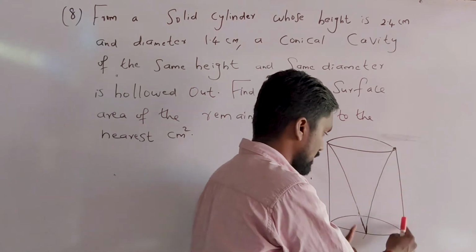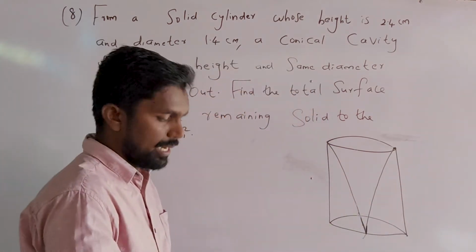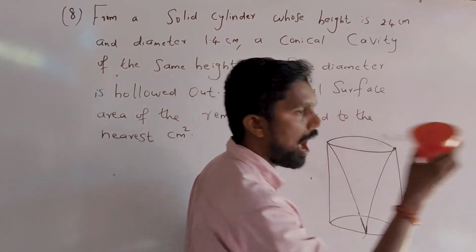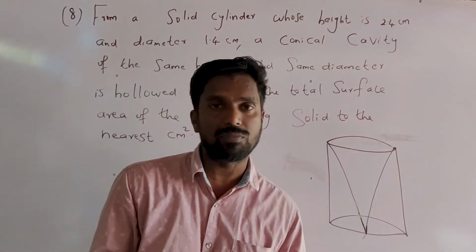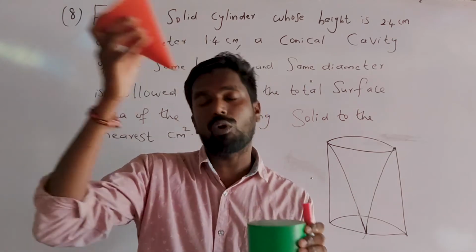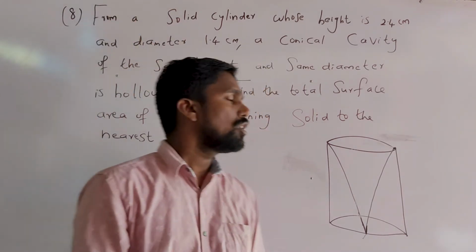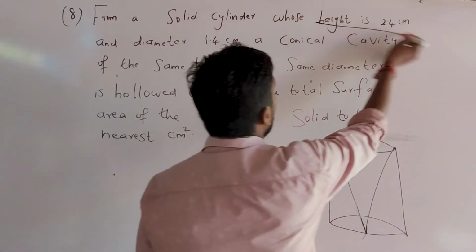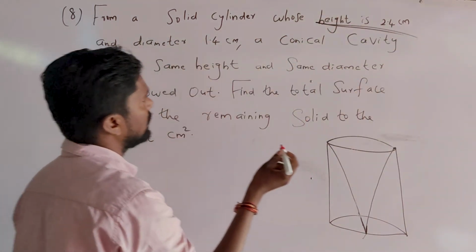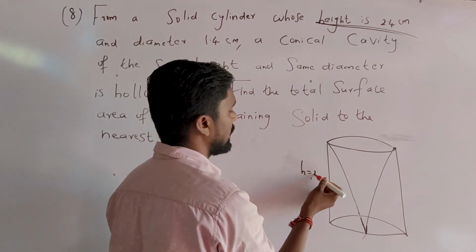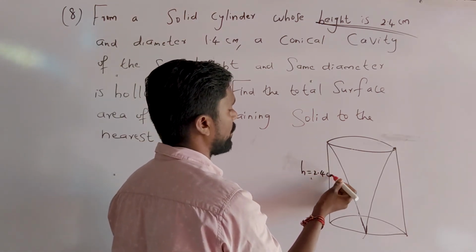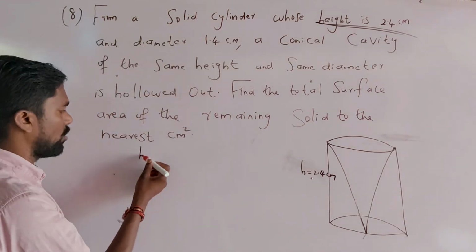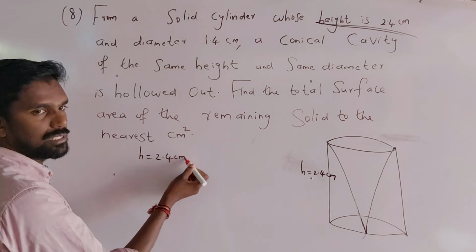So, this is the solid. From this cylinder, one conical cavity is hollowed out. It is given in the question that the height of the cylinder is H equal to 2.4 centimeter.